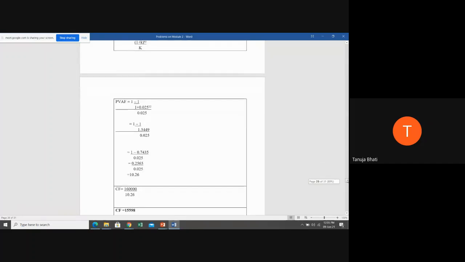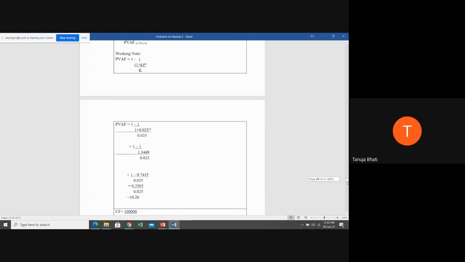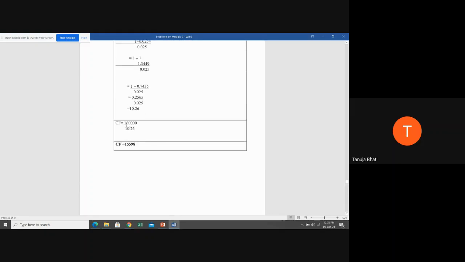So now, in order to find out the annual installment, you know that you have to divide P, that is the loan amount or the present value, by the present value annuity factor, which we have found out using the formula. So 1,60,000 divided by 10.26, you get the annual installment or cash flow as 15,598.